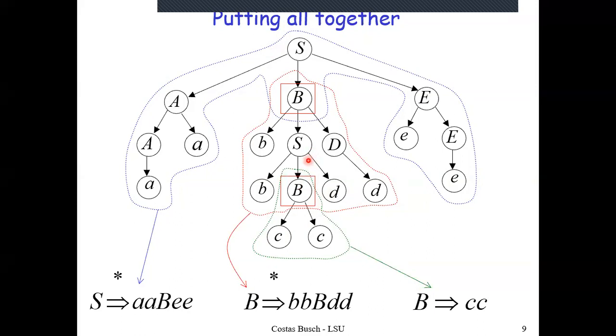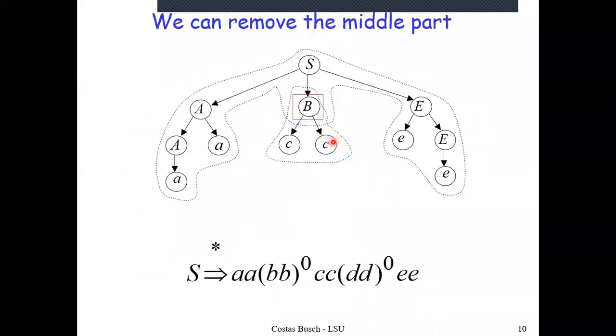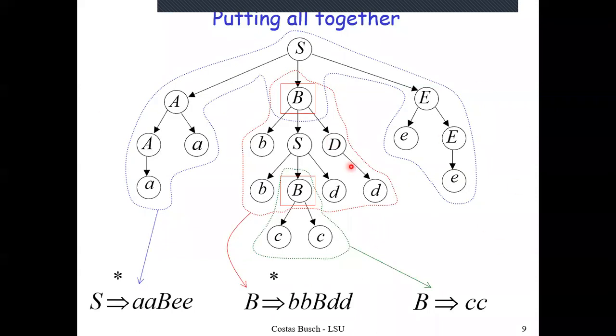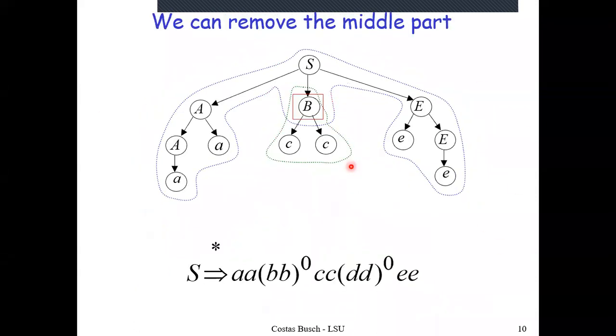Instead of using this B, which is part of the middle tree, as the leaf of the outer tree, I'm going to use the root of the inner tree and bring it over here. So I would have modified my entire derivation tree, and this modification will bring me to something new, which is represented in the next slide. I have removed this subtree and replaced it with the inner tree.